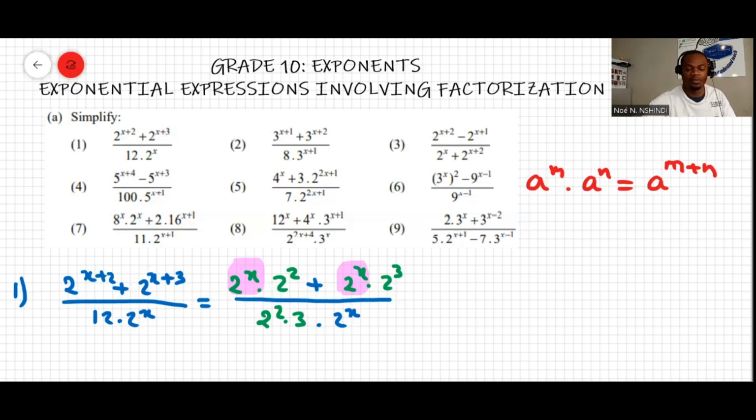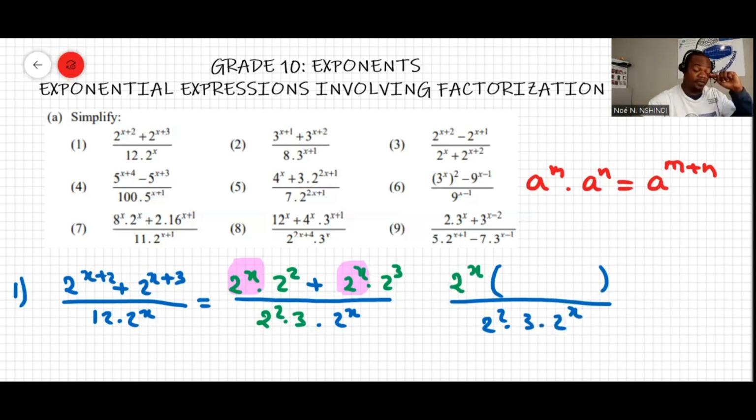So we take 2 to the power of x, open brackets and close brackets, all over 2 to the power of 2 times 3 times 2 to the power of x. If I take 2 to the x as a common factor, we are left with 2 squared plus 2 to the power of 3.